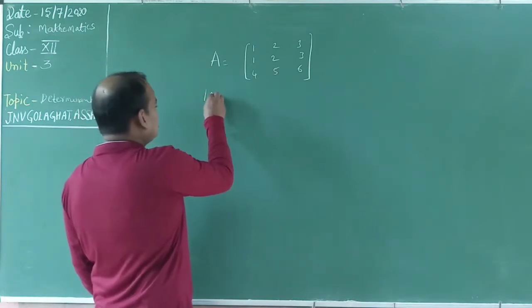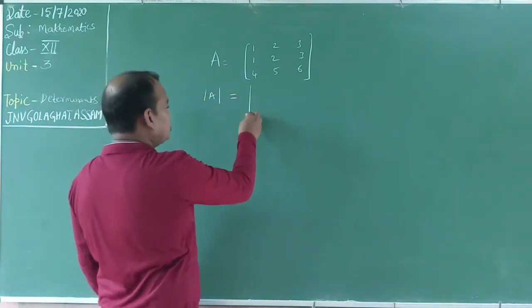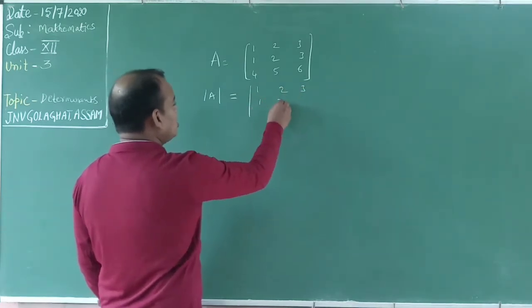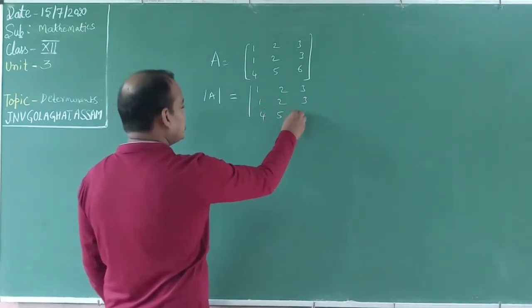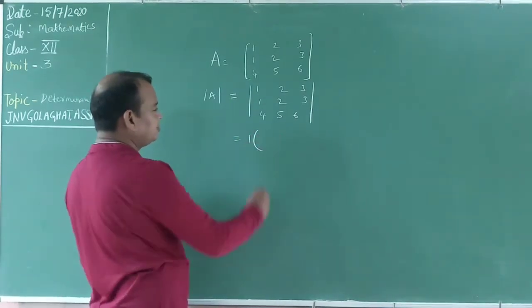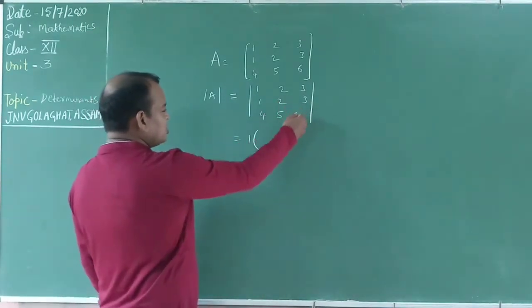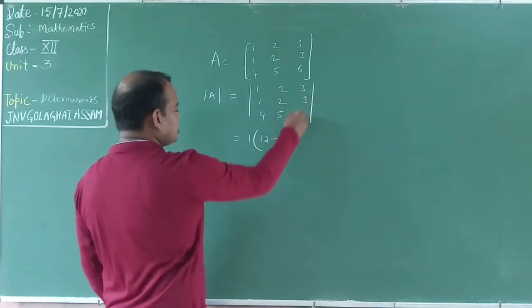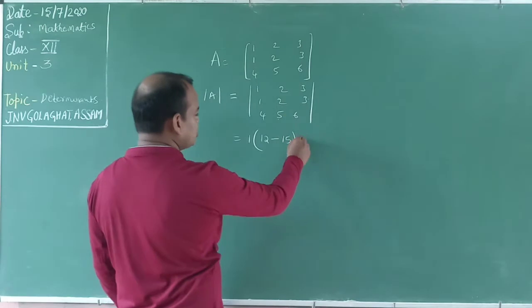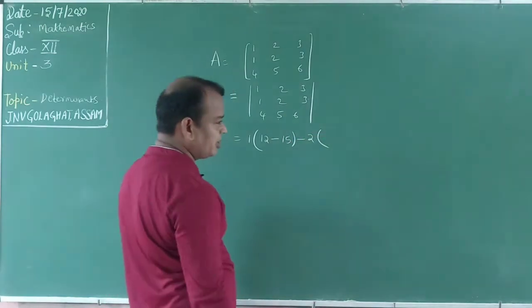Determinant of A means vertical bars 1, 2, 3, 1, 2, 3, 4, 5, 6. 1 into (2 times 6 is 12 minus 5 times 3 is 15). Cofactor of 2 is minus 2 into (6 minus 12 plus 3 into 5 minus 8), why you write the minus, you know very well.